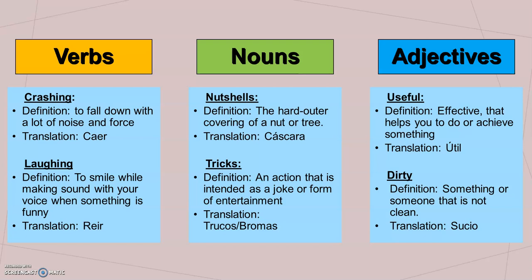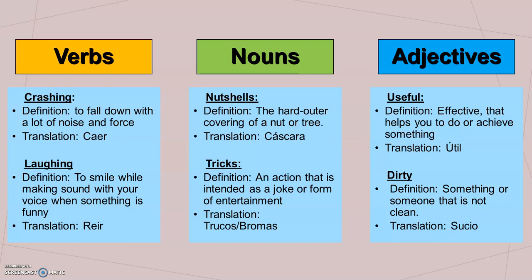We have to continue with words related to nouns. Nutshells, cáscara, the hard outer covering. Yes, it's a covering, for example, of a nut, right? Tricks. Yes, very common word. Trucos, bromas. Useful as an adjective, and dirty.